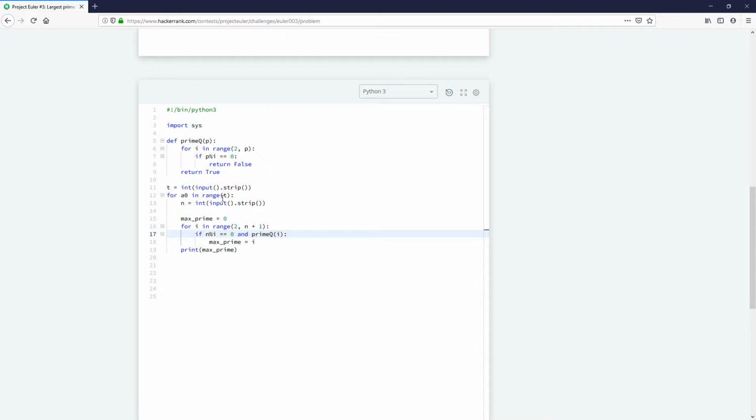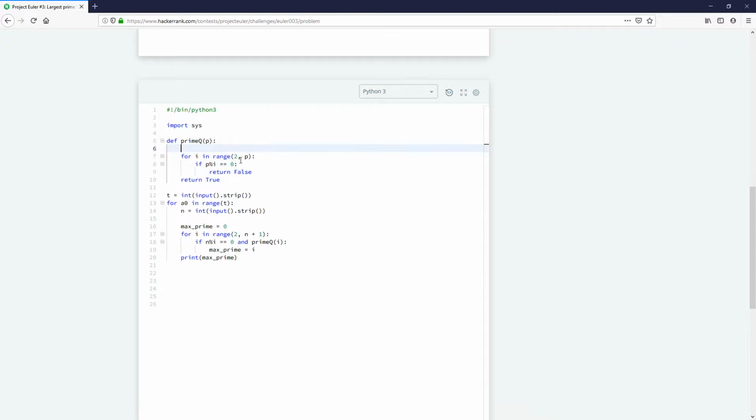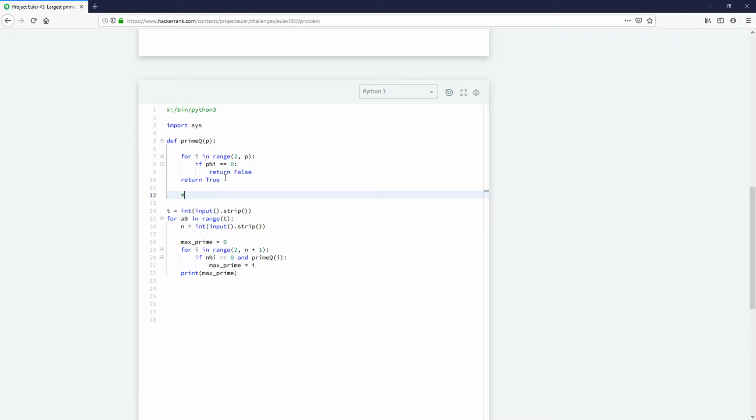So let's optimize this. The first thing I want to look at is the primality test. Let's think of some ways that we could optimize this. Let's just use something like 16. 16 has factors 1 times 16, 2 times 8, and 4 times 4.